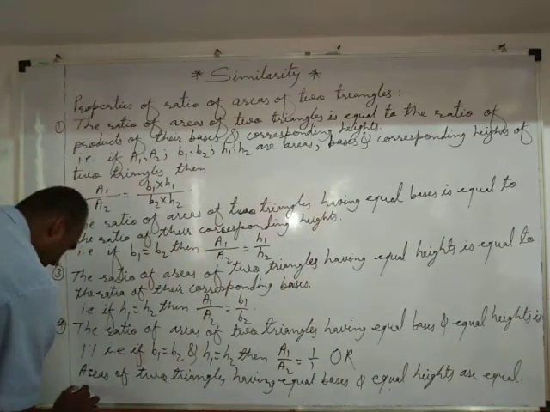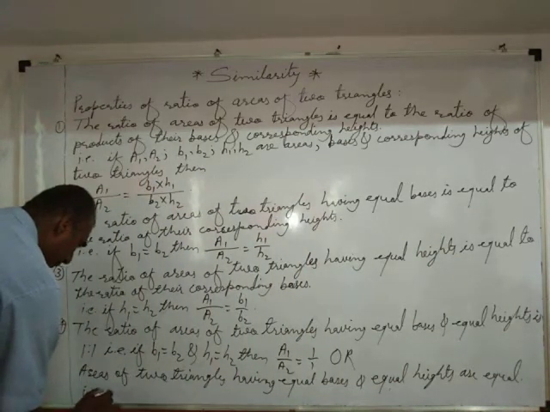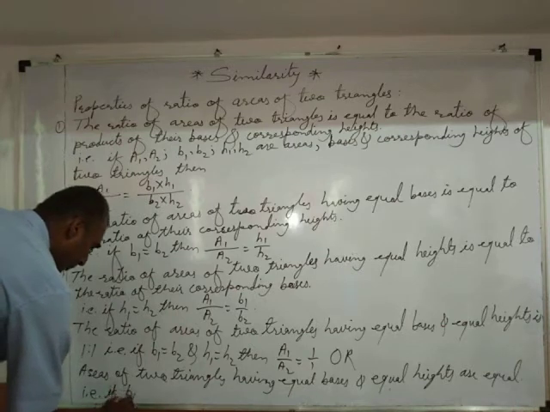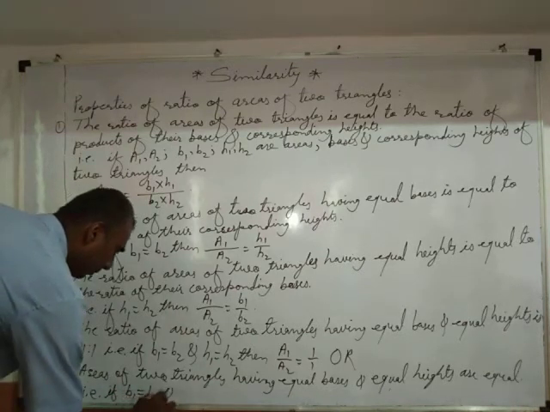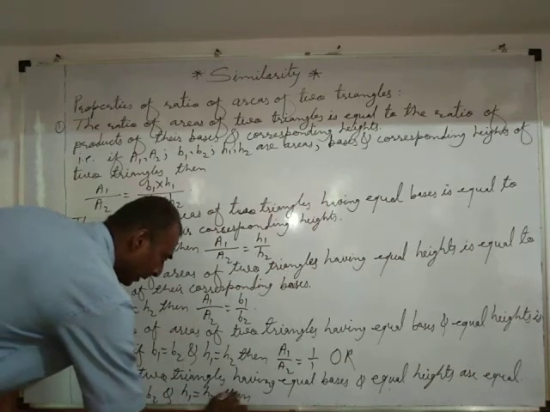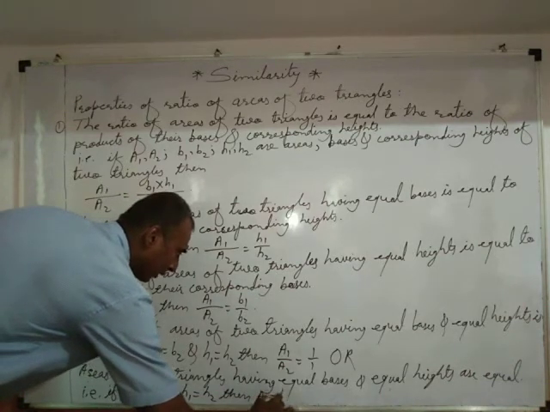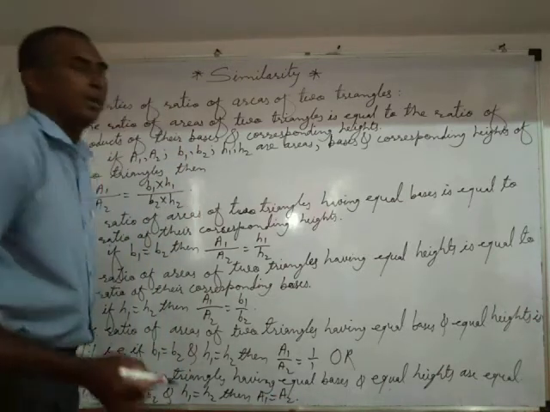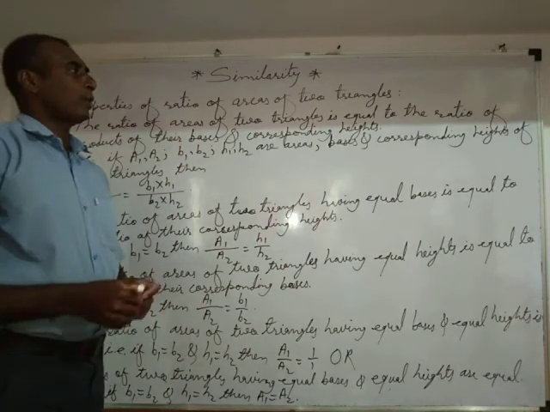That is, if B1 equals B2 and H1 equals H2, then A1 equals A2. Now let's prove these properties one by one.